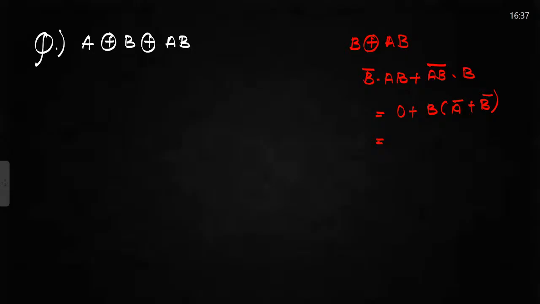That will be equal to A bar B plus B into B bar, which is 0. Then you will get A bar B.